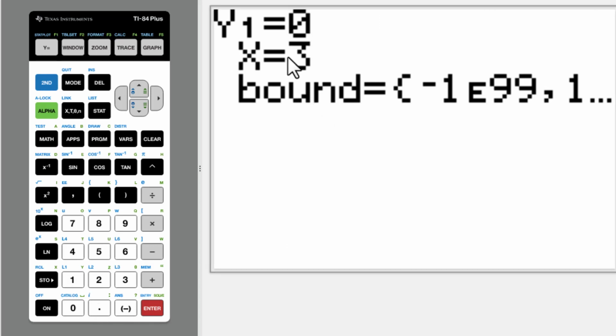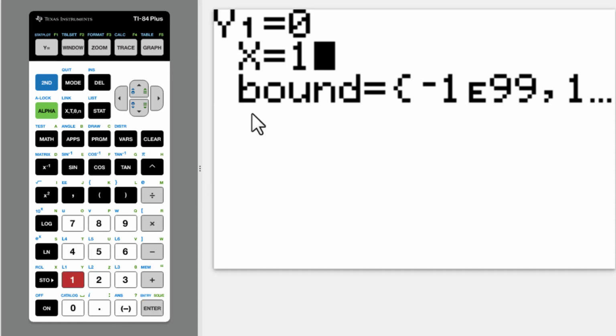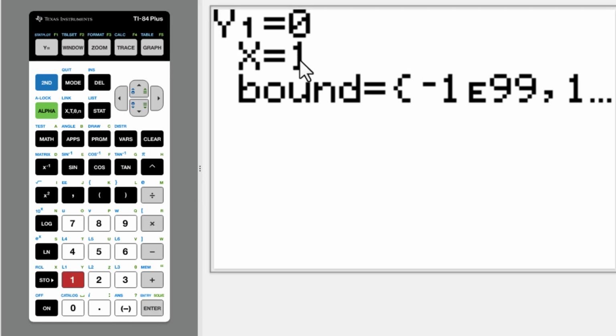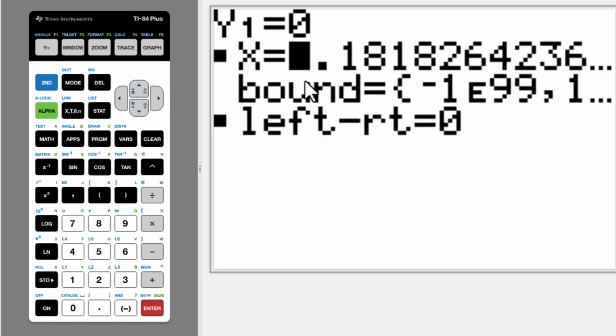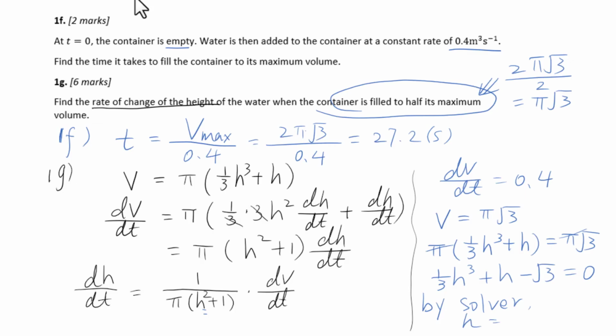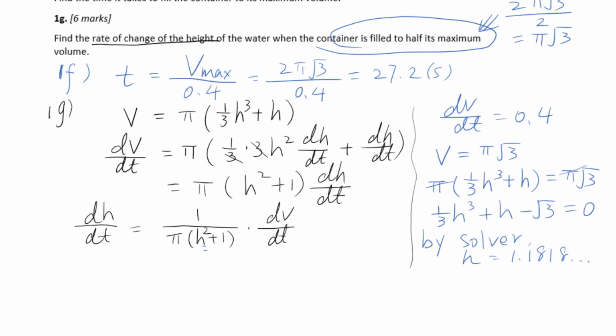We know the height is between 0 and square root of 3. Let's estimate the value for h is 1. Alpha, enter. h equals 1.1818.